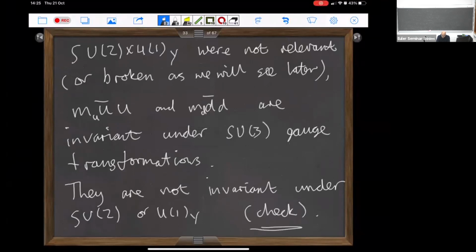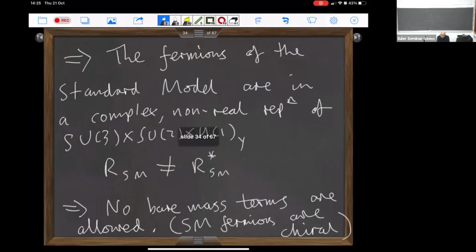And I'll leave it as an exercise for you to check that the quark masses are also not allowed by both SU2 symmetry and the hypercharge symmetry. So the conclusion is that the standard model fermions are in a complex non-real representation, and hence no bare mass terms are allowed.